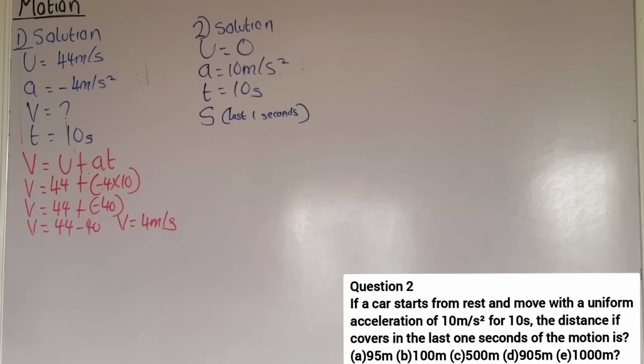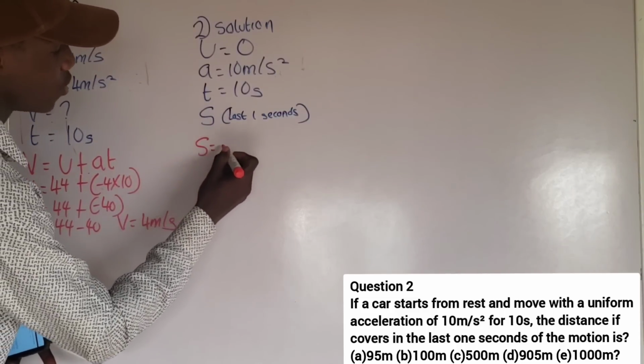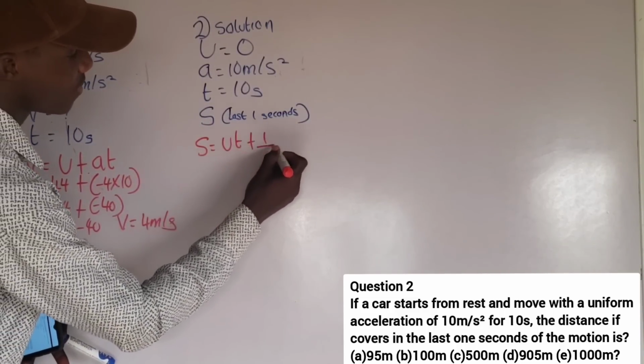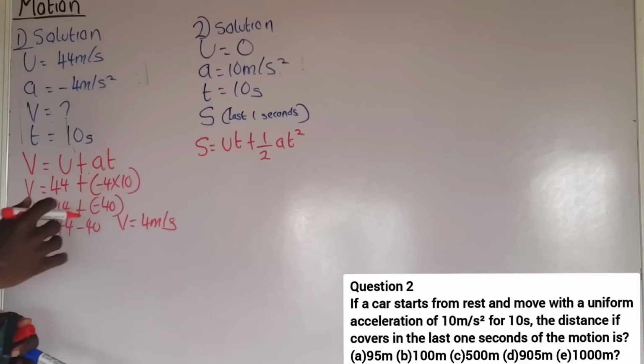You understand? So, in an attempt to do this, which of the equations of motion are we going to use? We are going to make use of the second equation of motion, which is what? S equals ut plus 1 over 2 at squared. This is the equation that we're going to use.